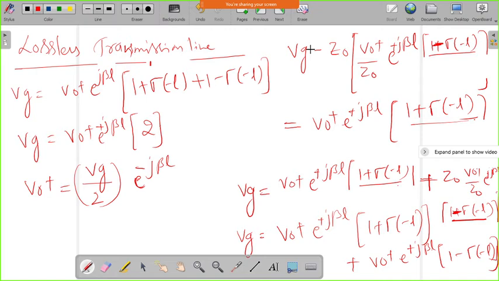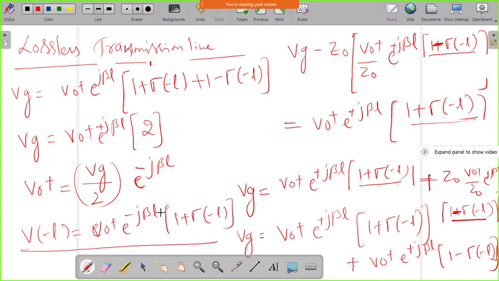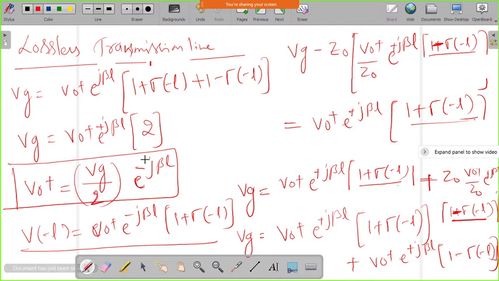So gamma will be plus, and you are going to get V0 plus into e power minus j beta L into 1 plus gamma of minus L. So if you substitute, finally we will end up with the V0 plus equation, that is Vg by 2 into e power minus j beta L.